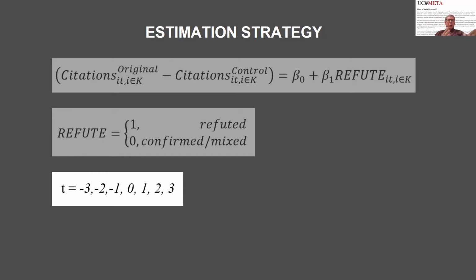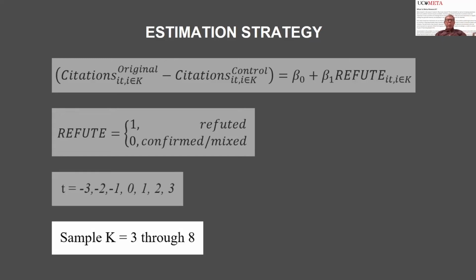So we do these individual year regressions, and then we're going to pool them to address some of our hypotheses. But initially, it's going to be individual year regressions. And again, we're going to pool our samples to include all matches which have citation histories that run from 3 to 8 years between when the original was published and the replication was published. Okay, so that's the setup.